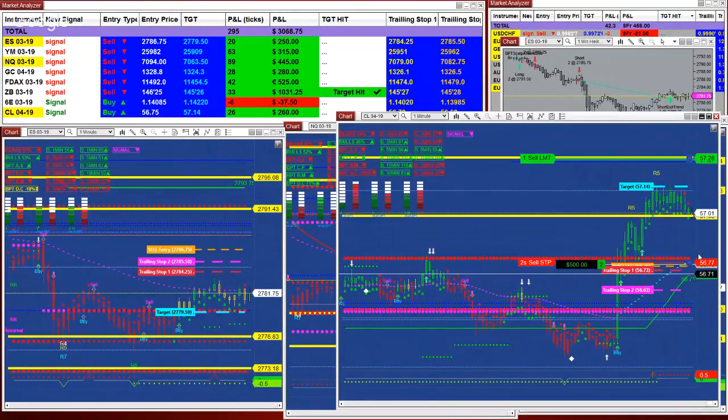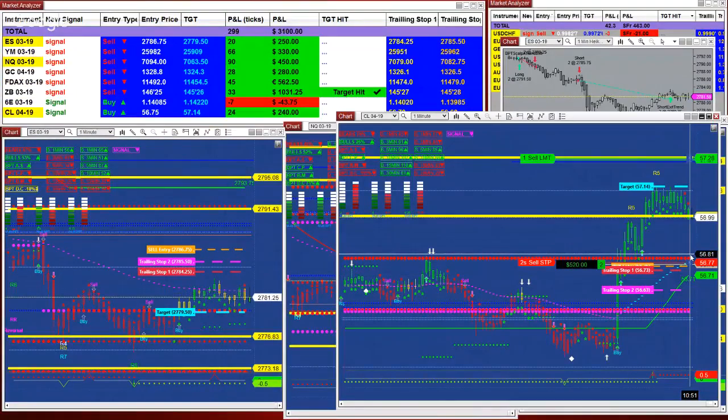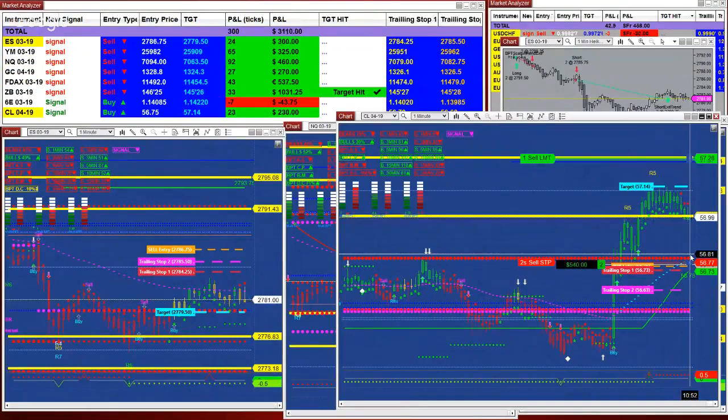Your target on that short is close position, open position at 56.81. And if you don't know how to deal with the short, stay away from it. Just go ahead and take the trades based on a pullback re-entry.